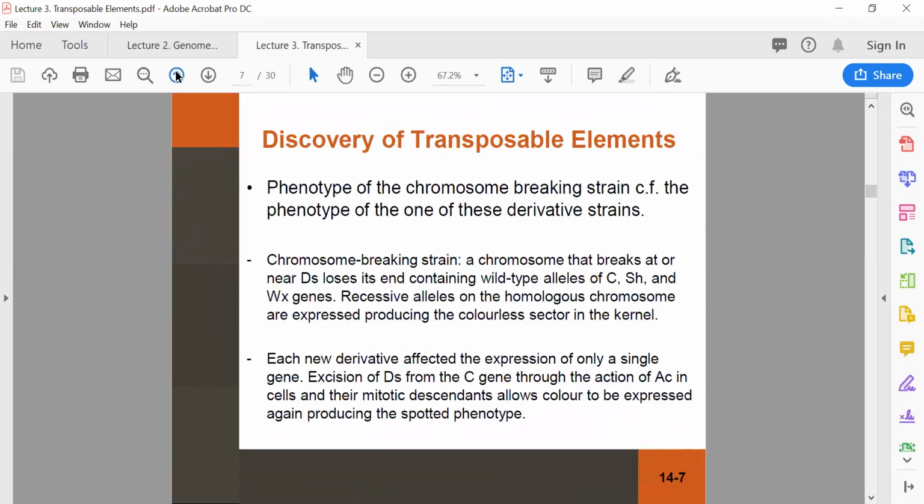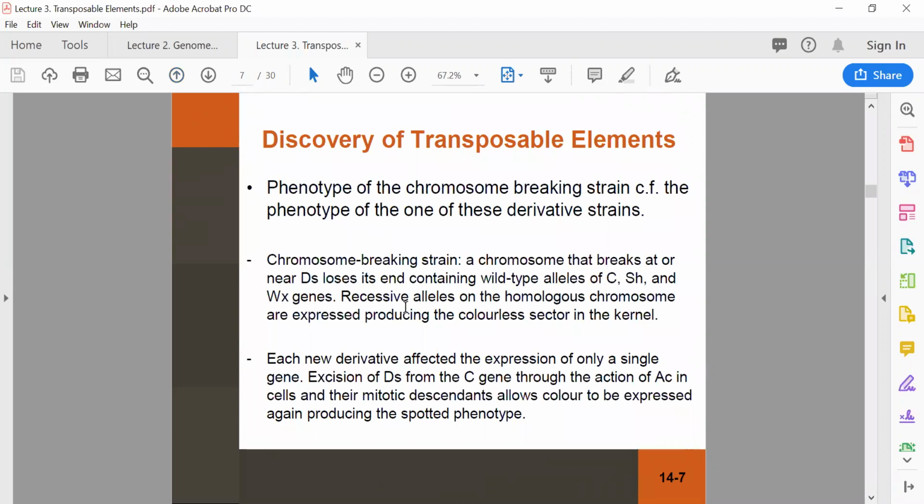Okay, so let's go back and go through this now that you've seen how it actually looks. In that first example, that top example, we looked at the chromosome breaking strain. A chromosome that breaks at or near the DS loses that end of the chromosome that contains those wild type alleles of C, SH, and the WX genes.